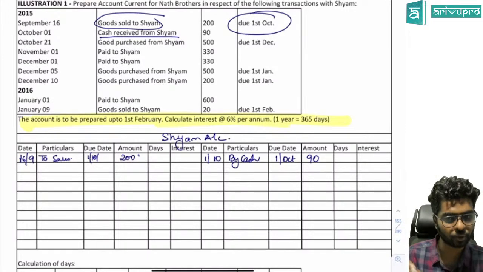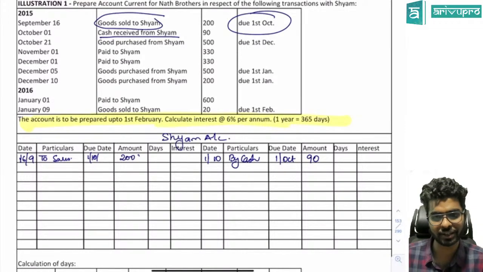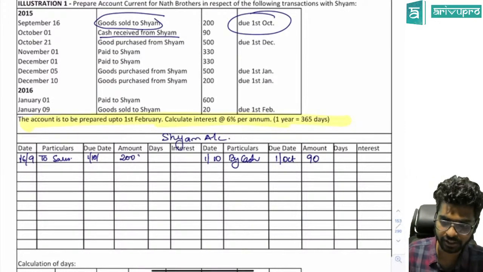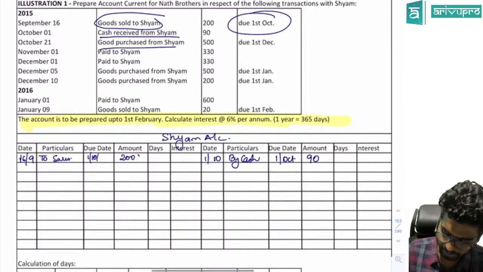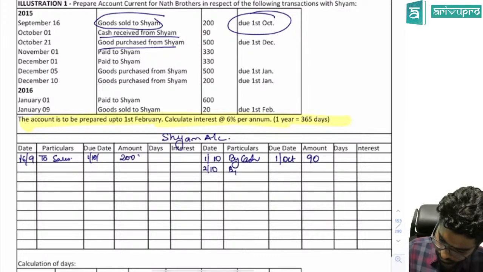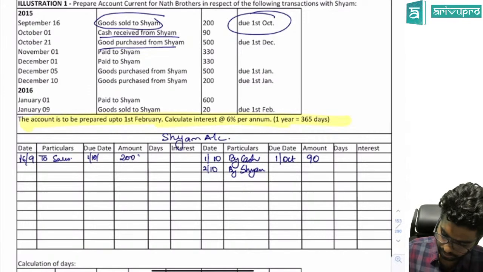Guys, done. So I'll be doing like a ledger account first, and then I'll be going more in depth into it. Next one, goods purchased from Sham. Sorry, by purchases.